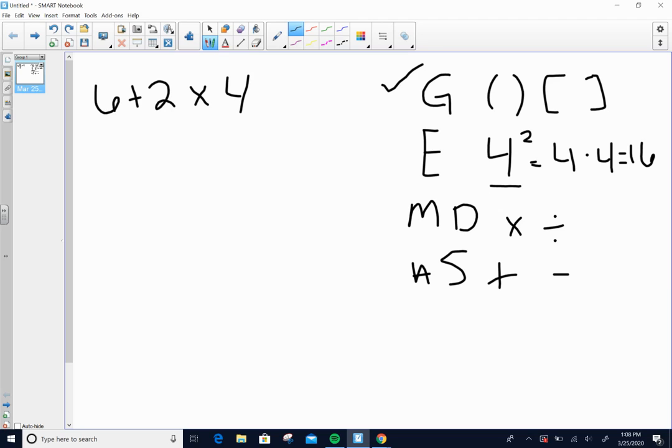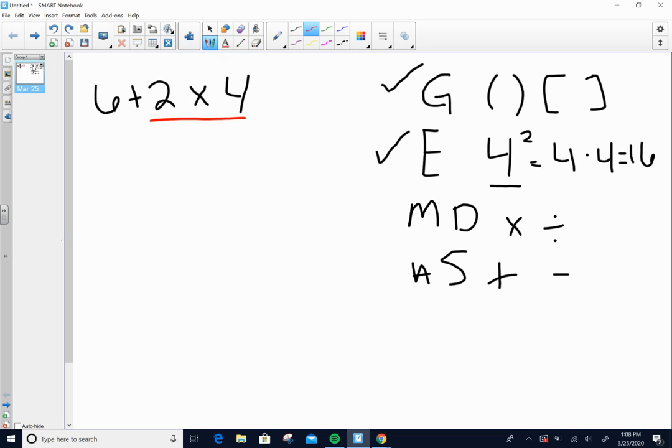I'm going to go down to exponents. I'm going to see, are there any exponents in this example? And if I look, I don't see any exponents, so I can check that off. There's nothing for me to do there. Next, I'm looking for any multiplication or division. When I go through this problem, I do see that I have 2 times 4. That's multiplication.